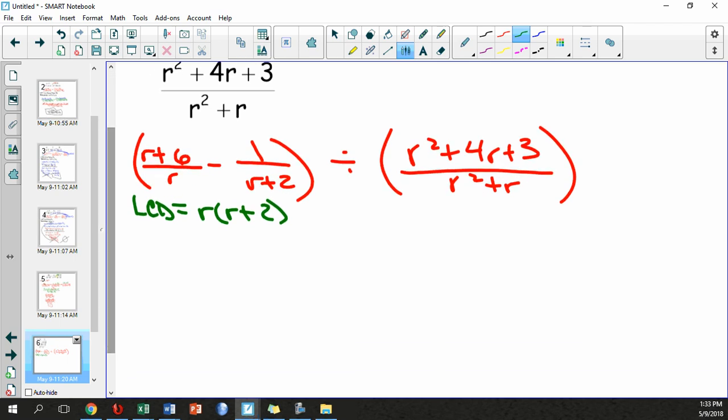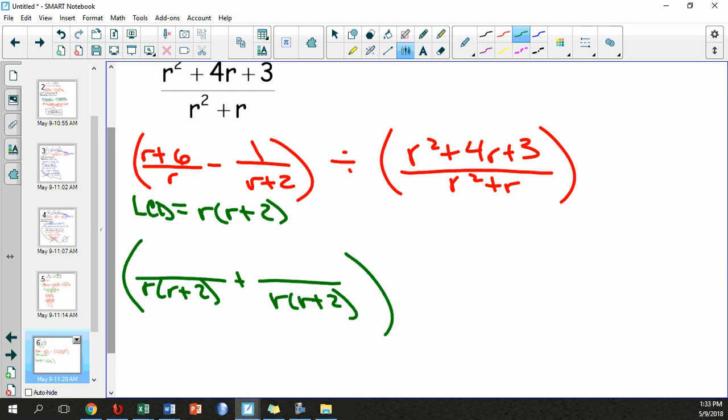Okay, so now I'm going to go ahead and have each of these denominators be this. So what do I multiply r by to get r times r plus 2? So tack on the r plus 2 and drop down the r plus 6. What do I multiply r plus 2 by to get r? Make the 1 be a negative and tack on an r.